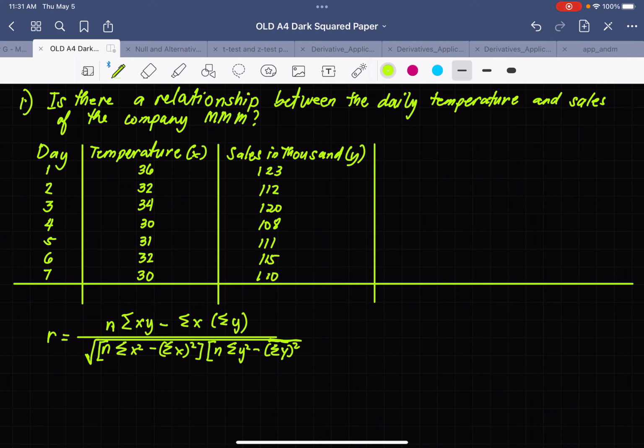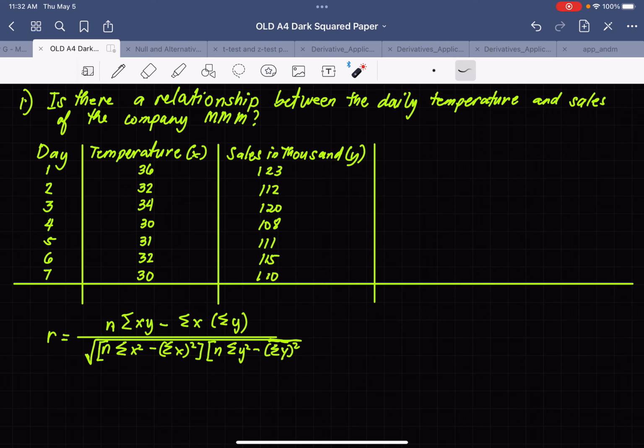So for example, is there a relationship between the daily temperature and sales of the company MMM? For day 1, the temperature is 36 and the sales is 123,000. Day 2, 32 and the sales is 112. Day 3, the temperature is 34 and the sales is 120.